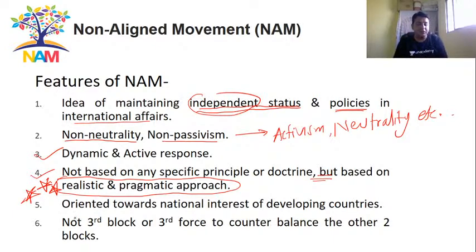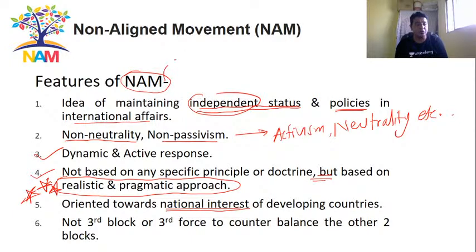Clear? Next feature, oriented towards the national interest of developing countries. That is important. National interest is a very important feature of NAM.